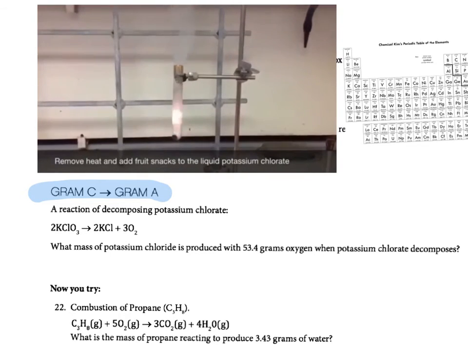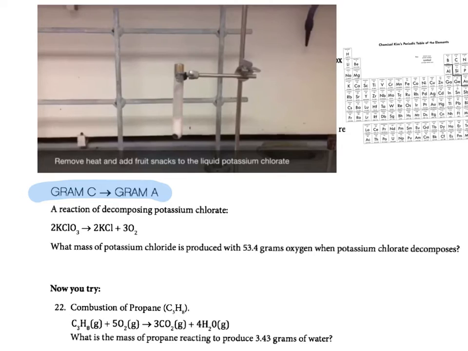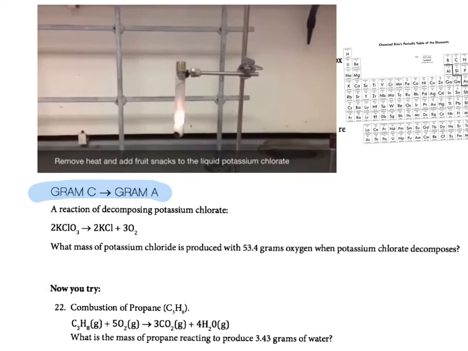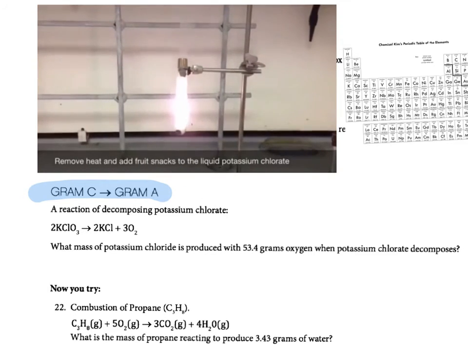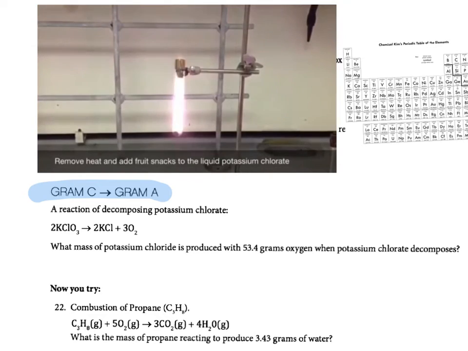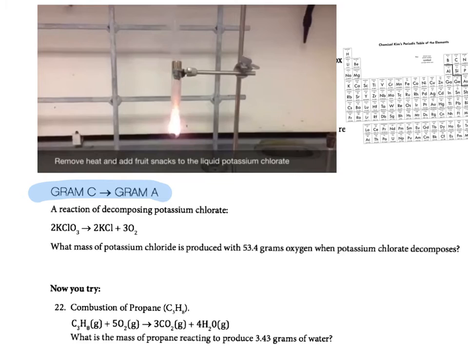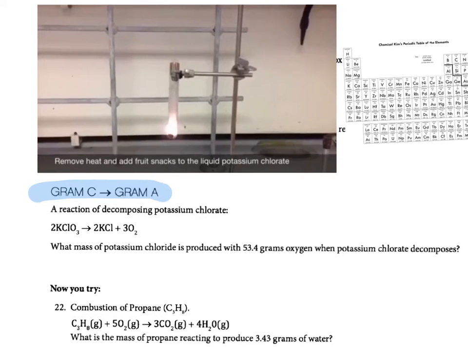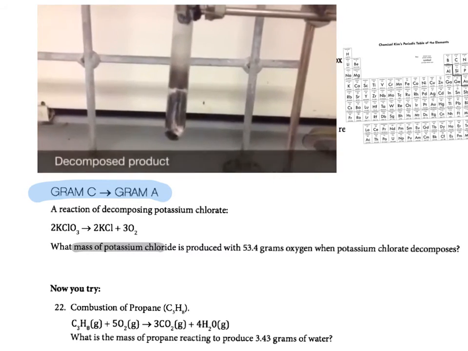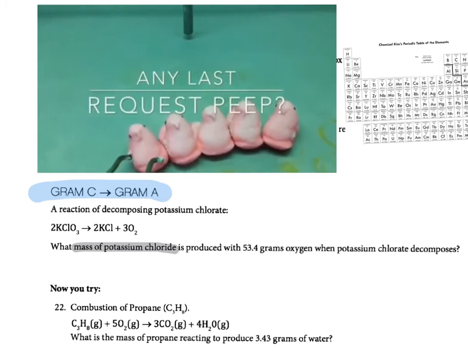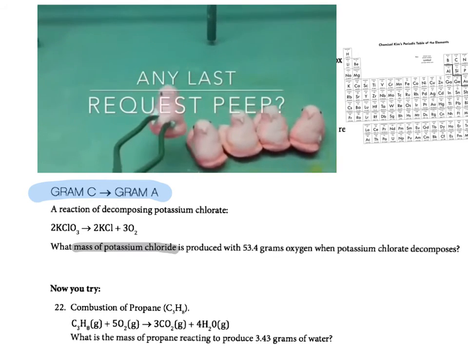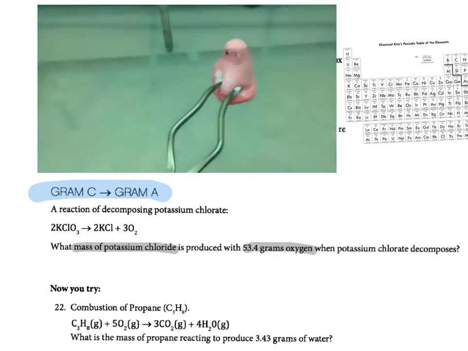And then when you put a sucrose material in there, it decomposes the sucrose. So there's actually 2 reactions going on, but we're going to investigate in this potassium chlorate decomposing into potassium chloride and oxygen. And the question reads, what mass of potassium chloride is produced with 53.4 grams of oxygen?